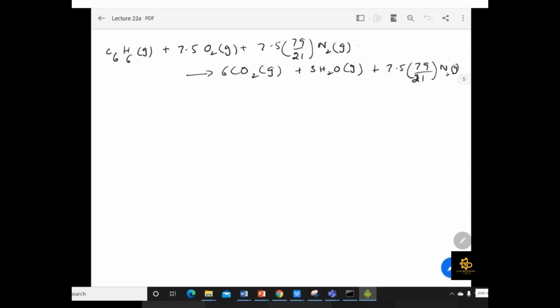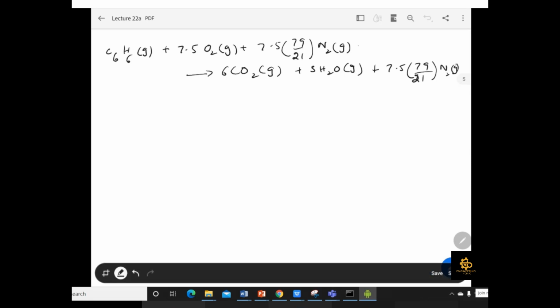Okay, so for example, this chemical equation is provided with the problem statement. Here you can notice that we have benzene and air, and due to the chemical reaction there are products, which are CO2, H2O, and N2. The phases are also mentioned with each species: CO2 is in gas form, H2O is in gas form, N2 is in gas form.